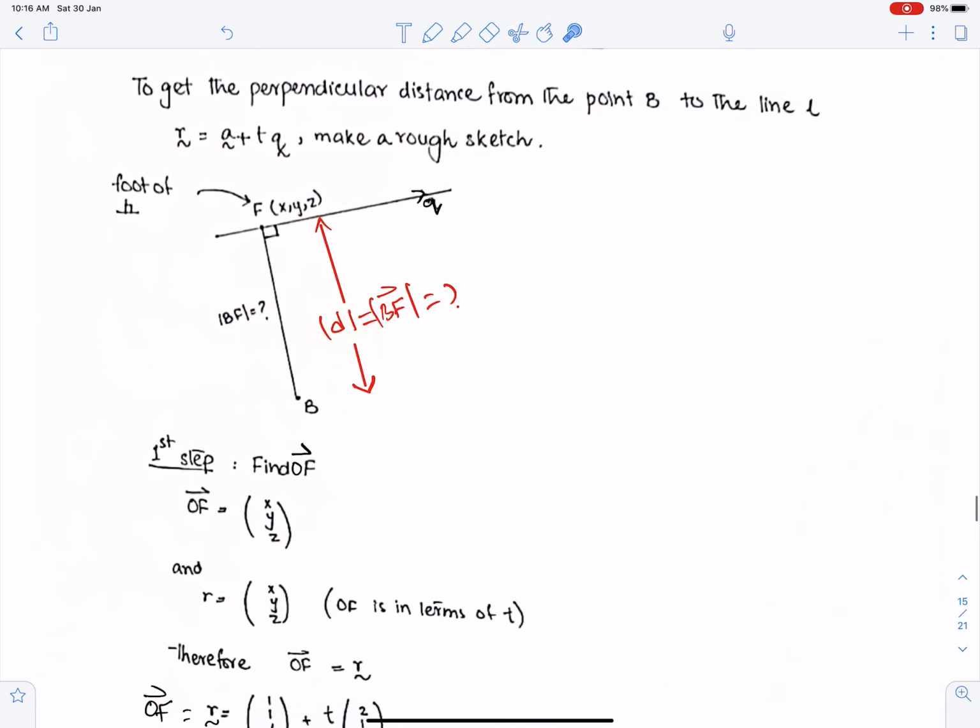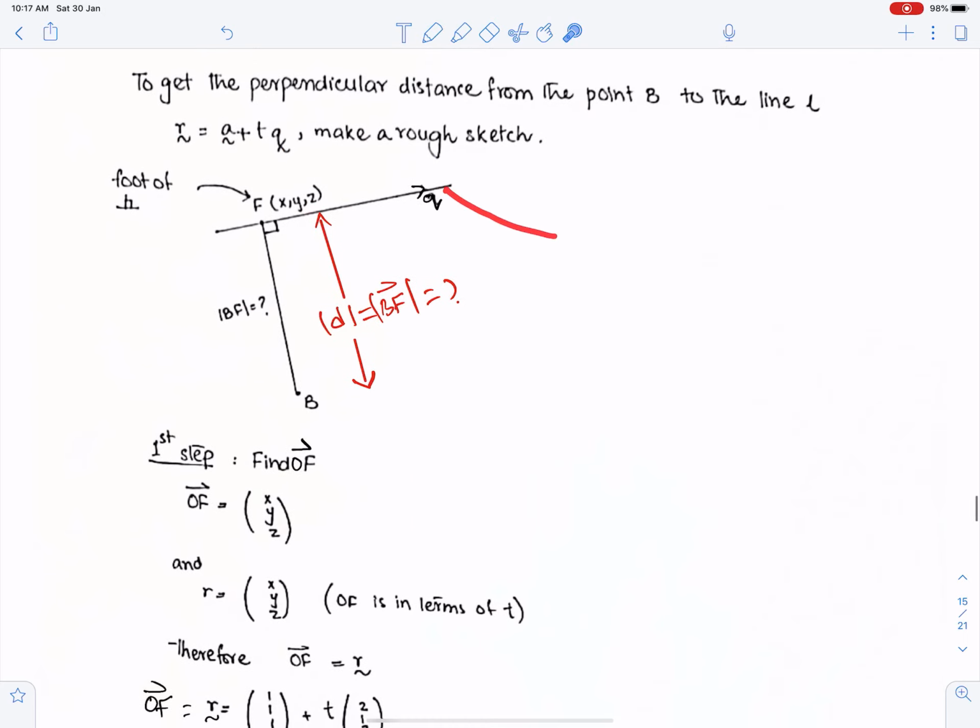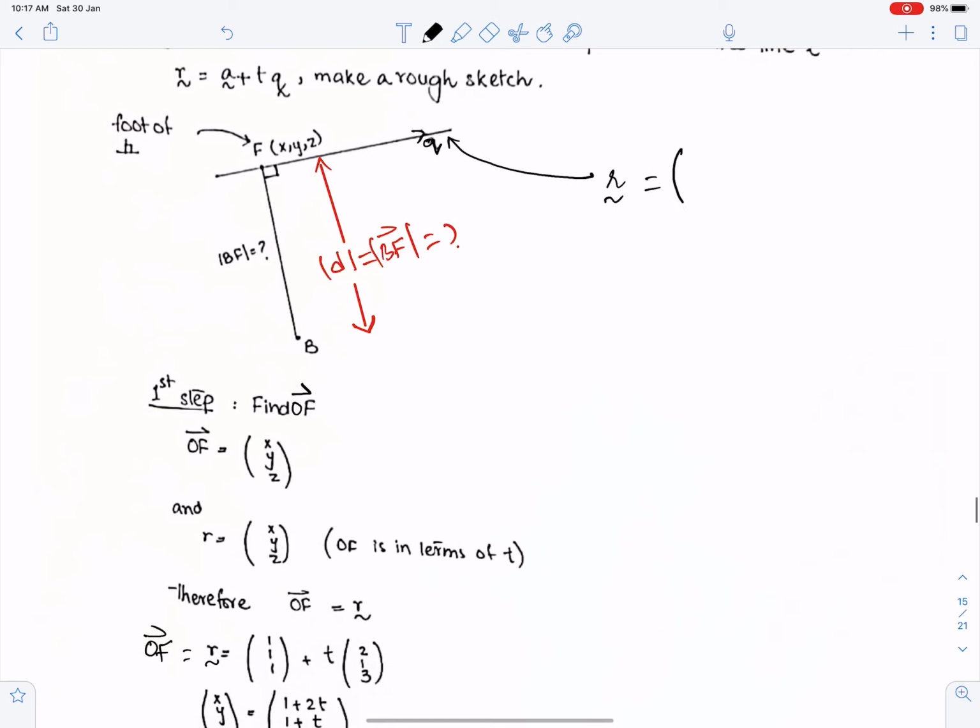Let me write the equation of the line because I am solving the example. In the exam, they will give you two things, the point and the equation of the line.